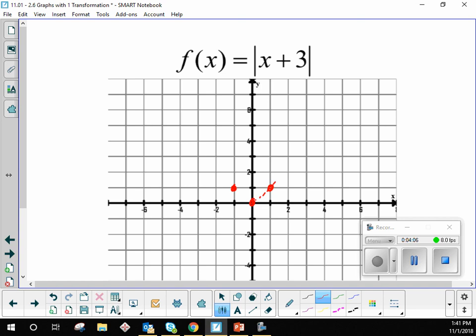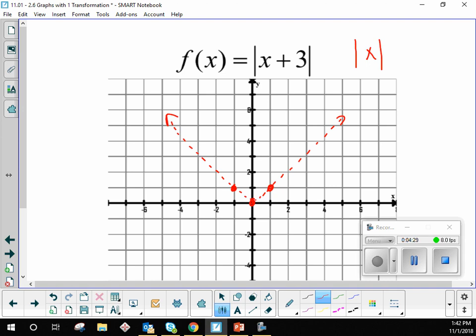I'm just going to put some dotted lines here to illustrate that that's not actually my answer. It's just where I'm starting. So this was my parent function. The change is that there's a plus 3, and it's right next to the x on the inside of the absolute value. So this is an insider's lie.